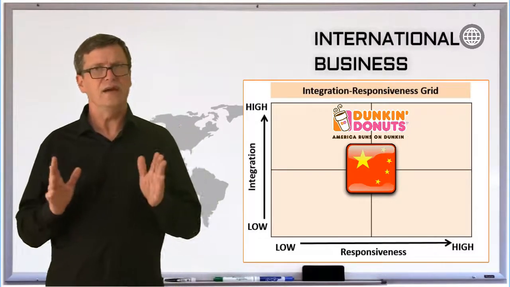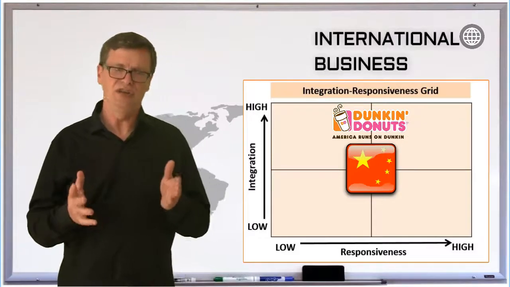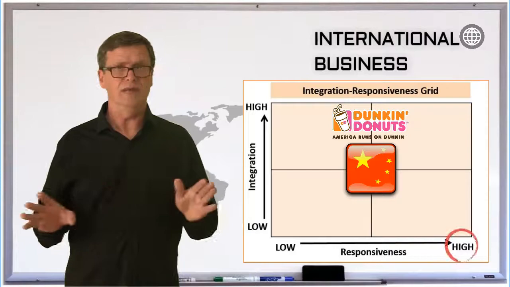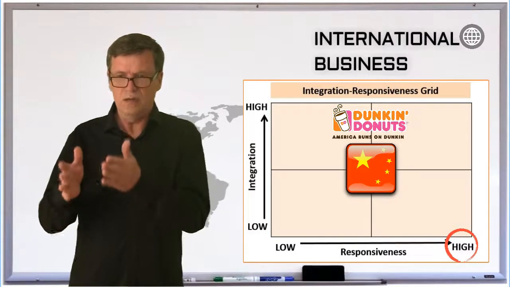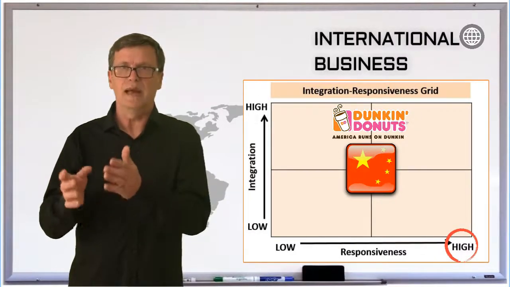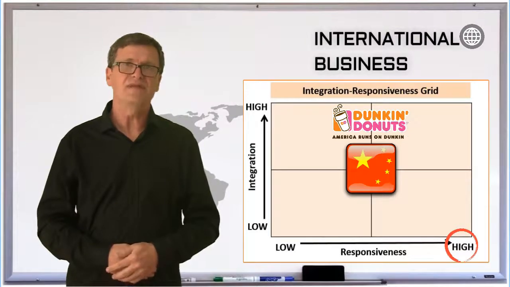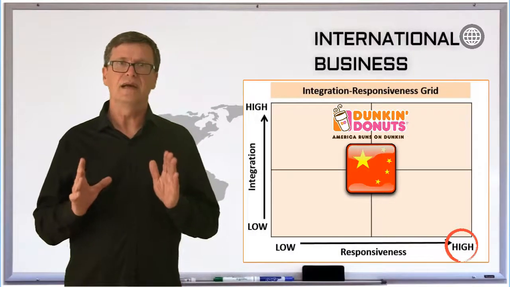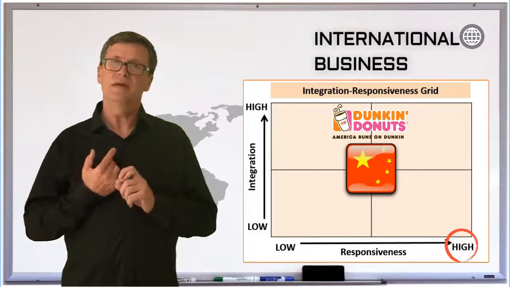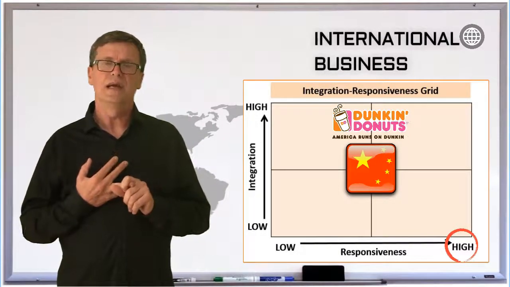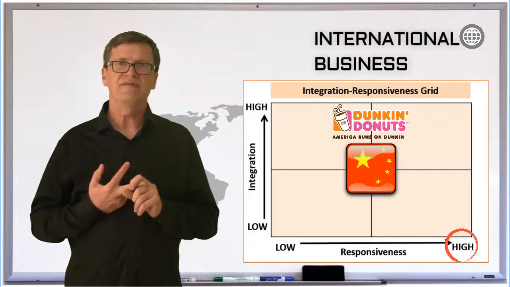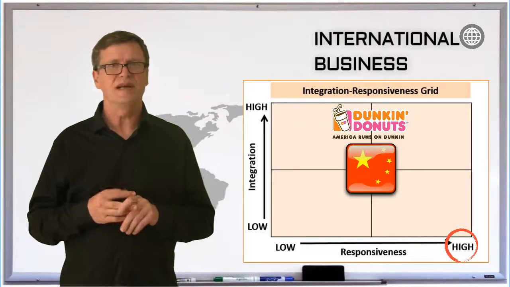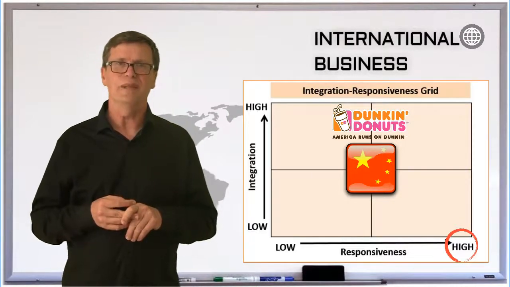Okay, how does the IR grid help Dunkin' in China? Well, Dunkin' China realized quickly they had to respond to the local Chinese taste by adapting their donut flavors for that market. And as an example of that, Dunkin' offers seaweed donuts, sesame donuts, and pork floss flavored donuts in China. And those are flavors that most American customers would not find very appealing.